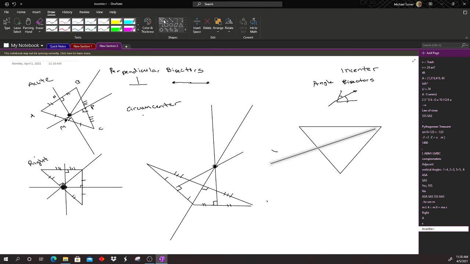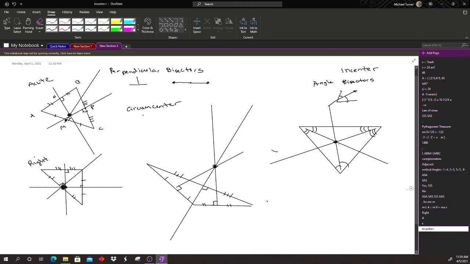If we were doing this on paper, we'd be using a compass to construct each of these, dividing each of the angles in half. We end up with a point of concurrency, as it's called, formed by cutting this angle in half, this angle in half, and this angle in half.